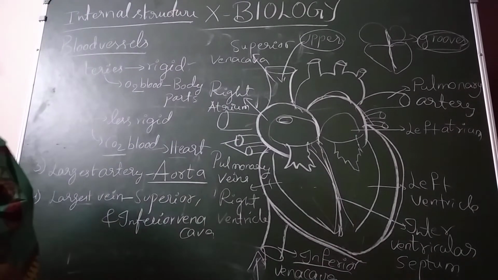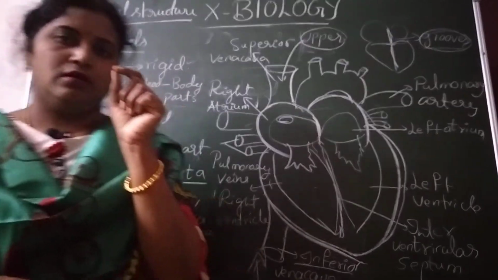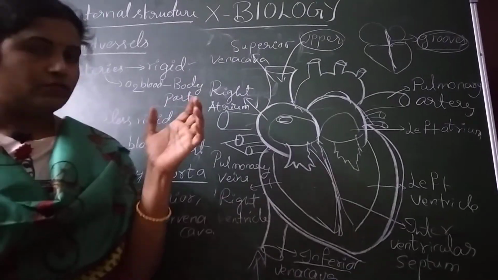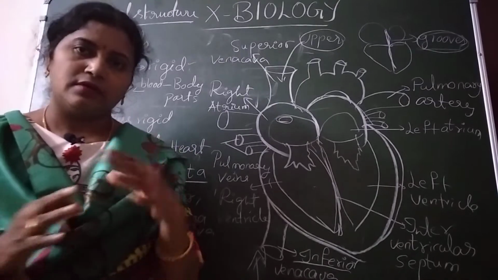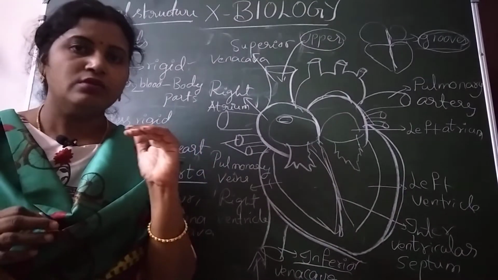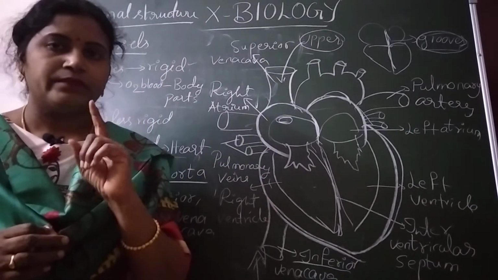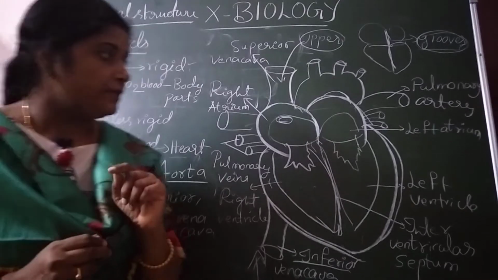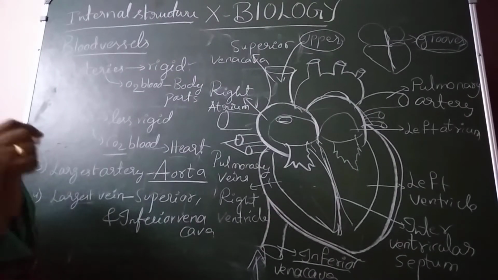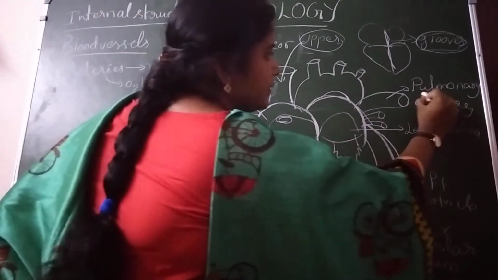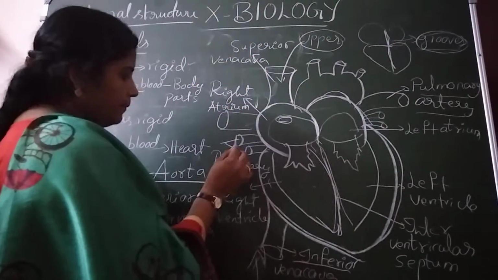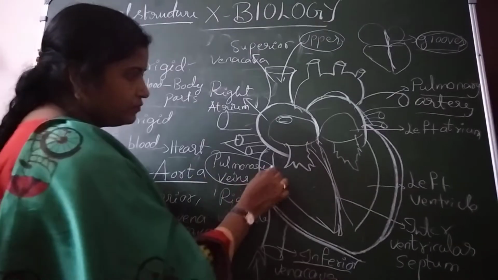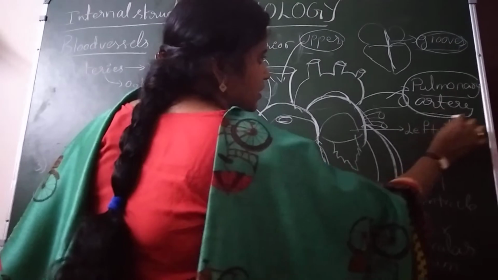And one more, some tricky question is there here. So do all arteries carry oxygenated blood to all the parts of the body? No. Why? Because here we have special blood vessels, that is pulmonary artery and pulmonary veins.